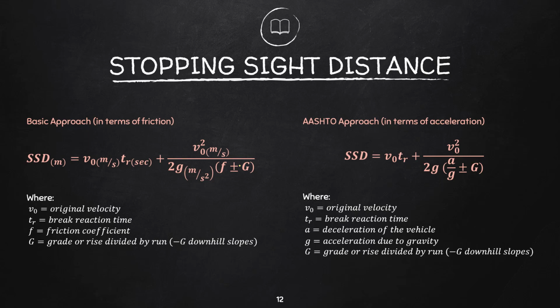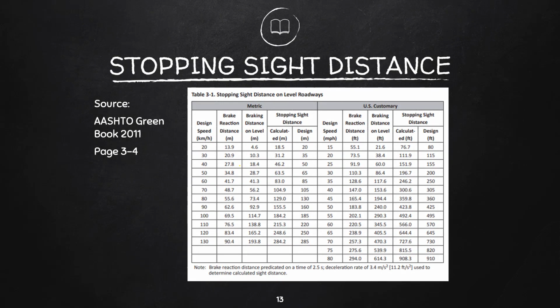Basically, for the other sight distances, we consider the same or similar formula, and we will go over that in the next videos. So we have here stopping sight distance on level roadways, meaning we consider G to be equal to 0, or it is on level roads.